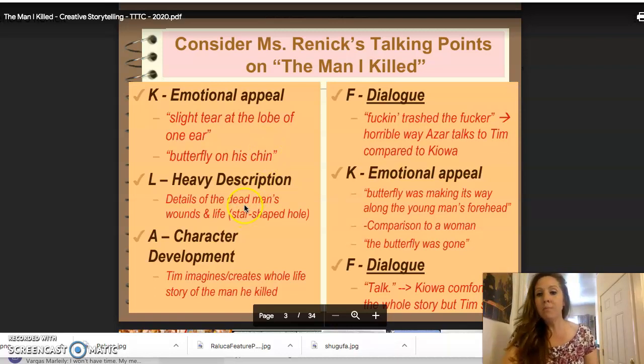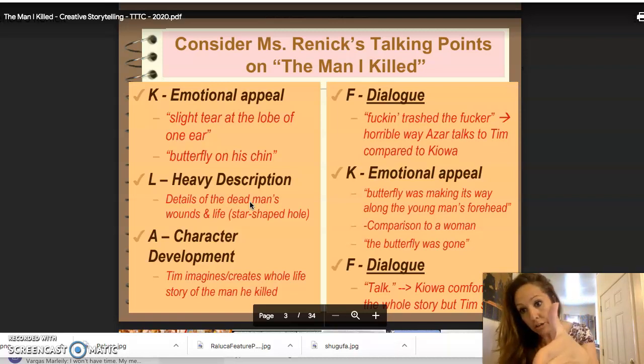So beyond the emotional appeal, wow, that heavy description that I just got into. There's so many specific details about these wounds, and certain things in particular you keep coming back to, like the star-shaped hole that is his eye. And I felt like that was particularly powerful because it's almost like you're staring into this star hole. It's like getting your focus and you're thinking of nothing but that star-shaped hole.